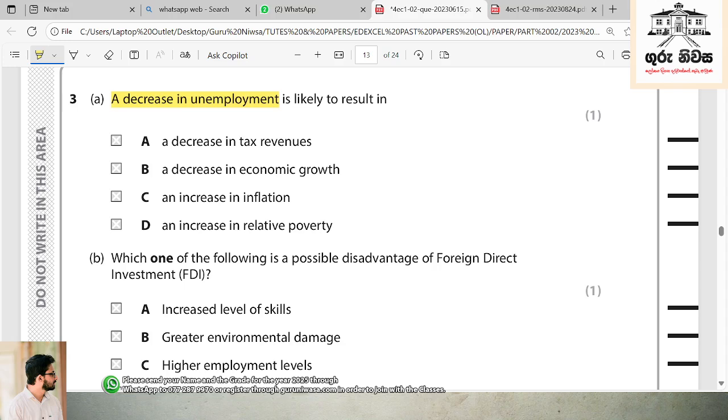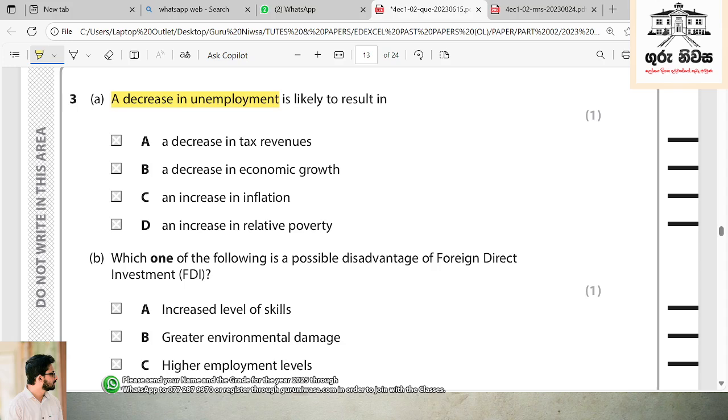Nothing to eat, and no place to live? Do you have such a problem? No, sir. Your parents have given everything, right? Then it means we are not experiencing absolute poverty, but we have relative poverty.